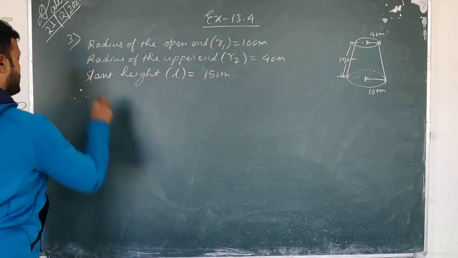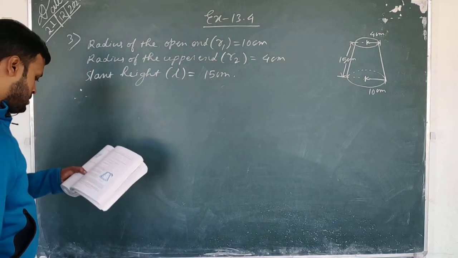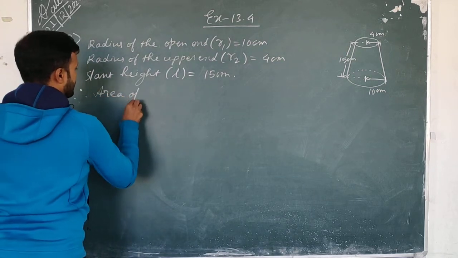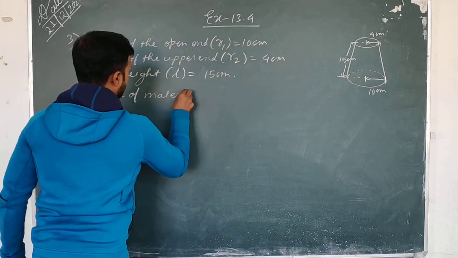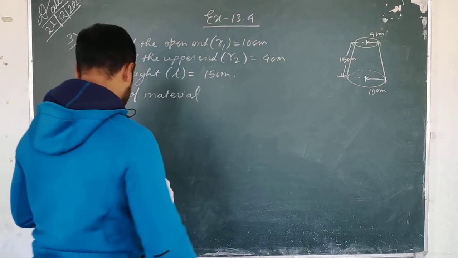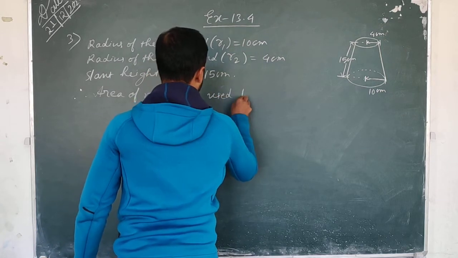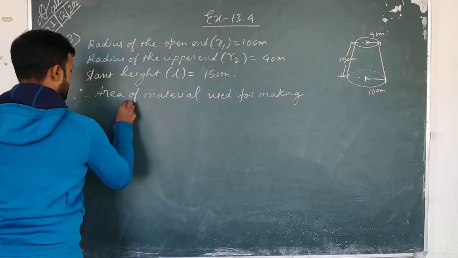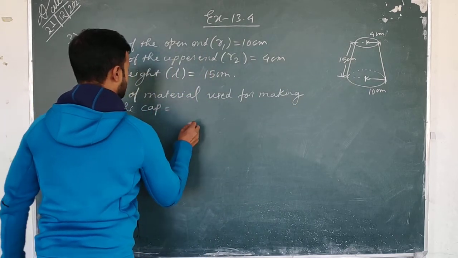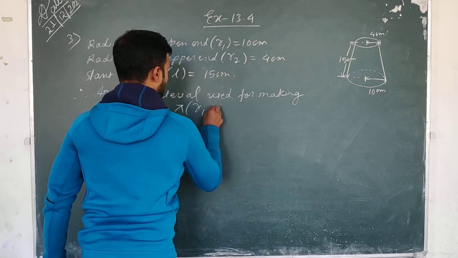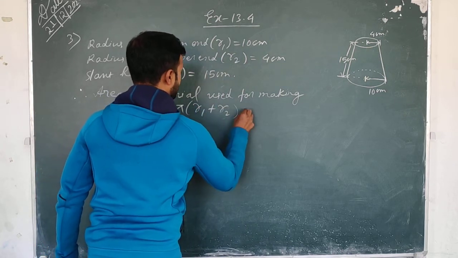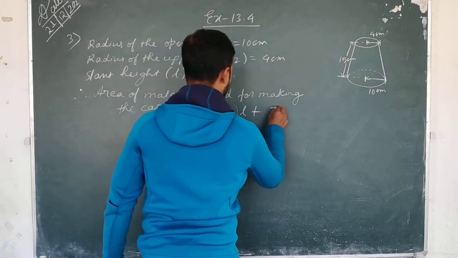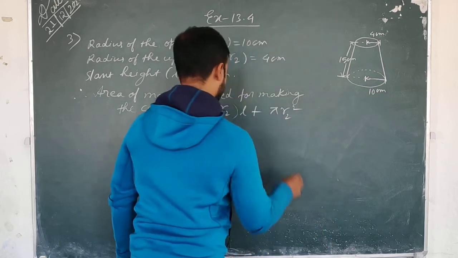Therefore, area of material used for making the cap is equal to pi (R1 plus R2) L plus upper end, that is pi R2 square.